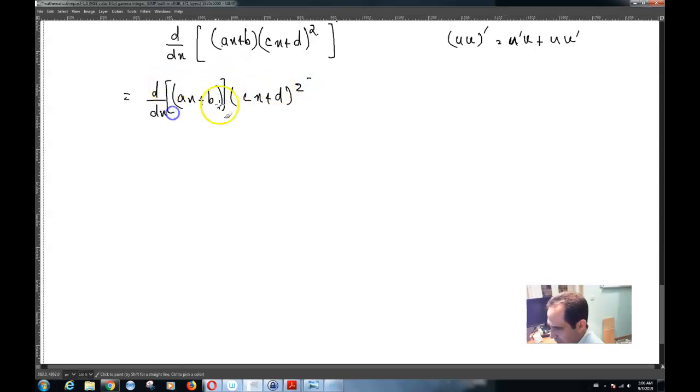So d by dx of this function times this function, and then you have u times, meaning plus ax plus b times the derivative of the second function, cx plus d whole squared.